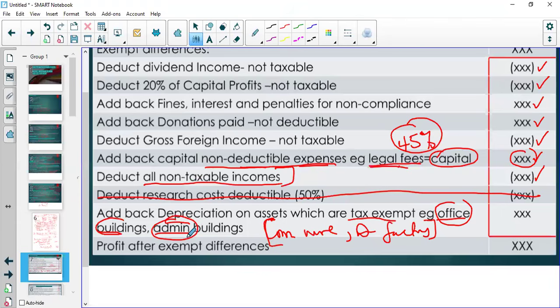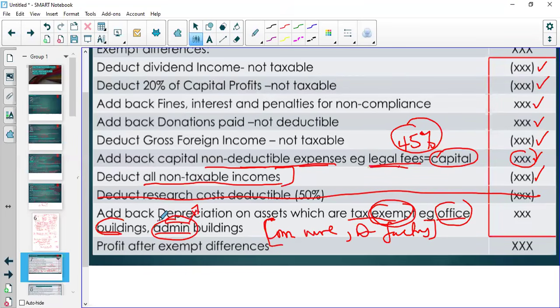And in that regard, you need to consider office buildings and admin buildings as exempt all the time, right? Because that's the default position. Okay, so I'm saying in case they don't mention, but in most cases they mention that no tax allowances are allowed on the office building, then you know it's exempt.